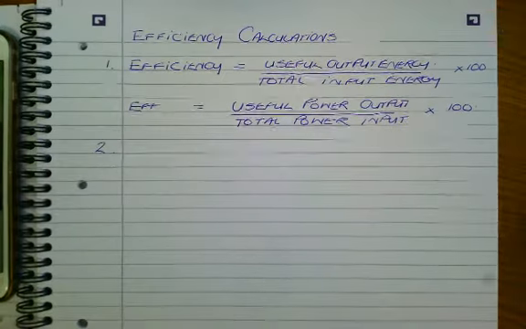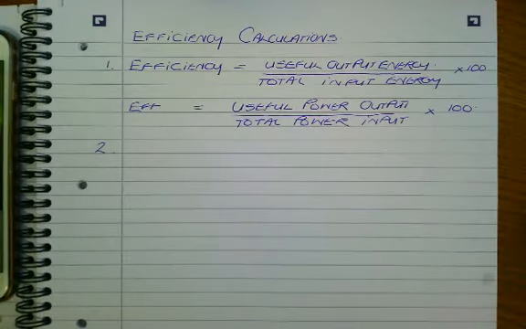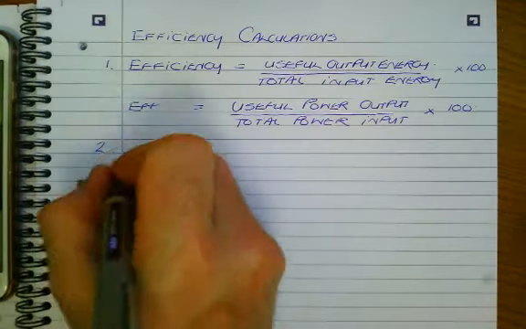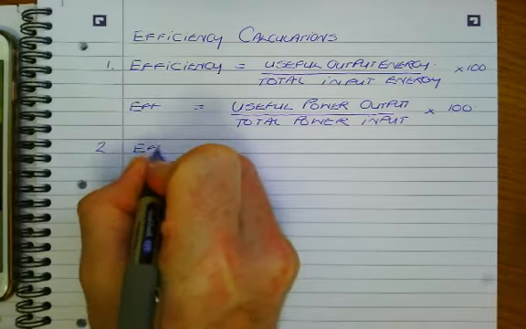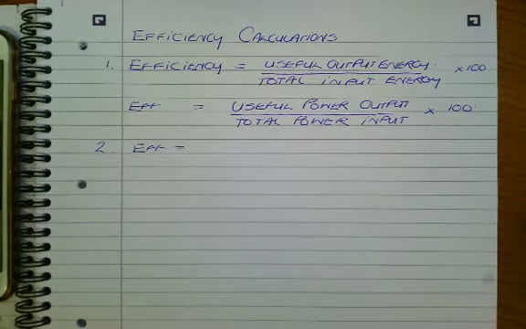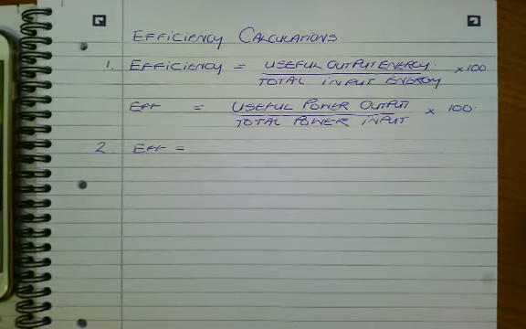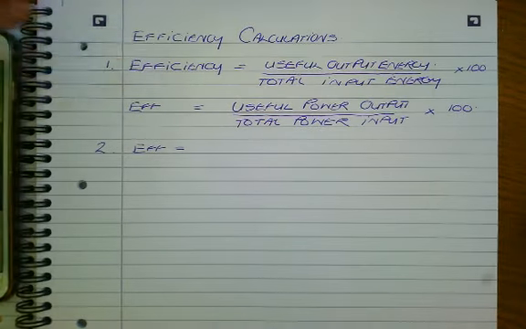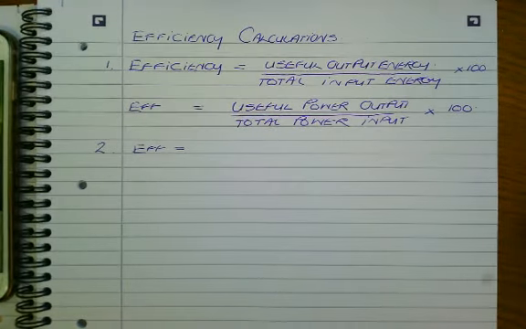Question 2. Calculate the efficiency of a device that has a power of 90 watts and a power out of 54 watts. It's a long equation to write out again, so I will just use the numbers in relation to the equations up here.